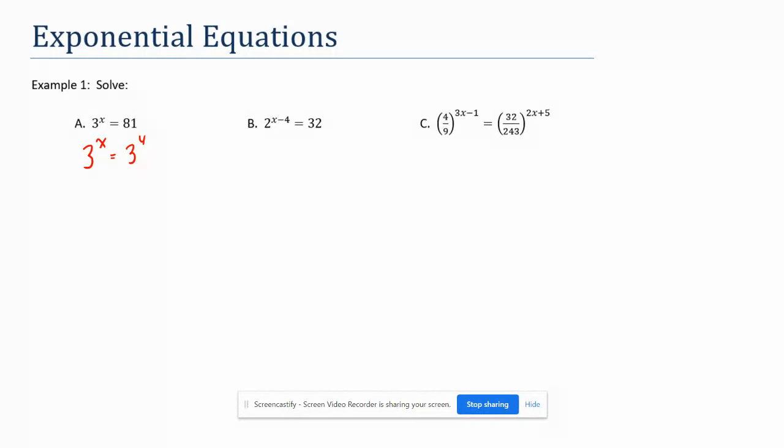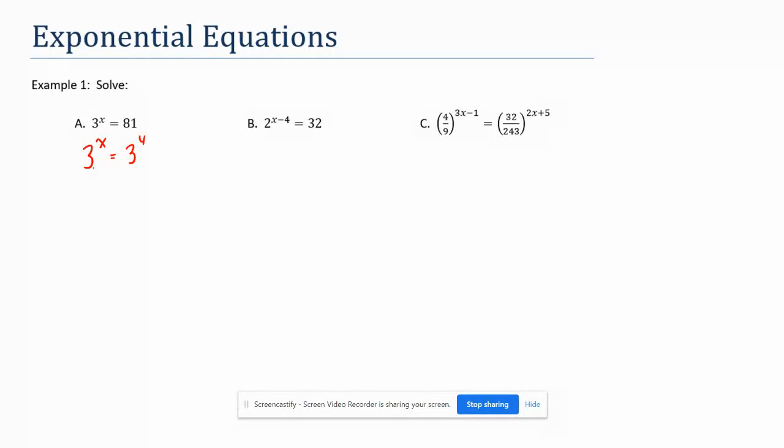Obviously, guys, we can't always do this. Say for example this number was like 72. Well, we can't take 72 to the power of 3. It's just not going to work that way. So we have to learn something called logarithms, which is the next chapter in this course. But for these examples, we're able to always convert these guys to a common base.